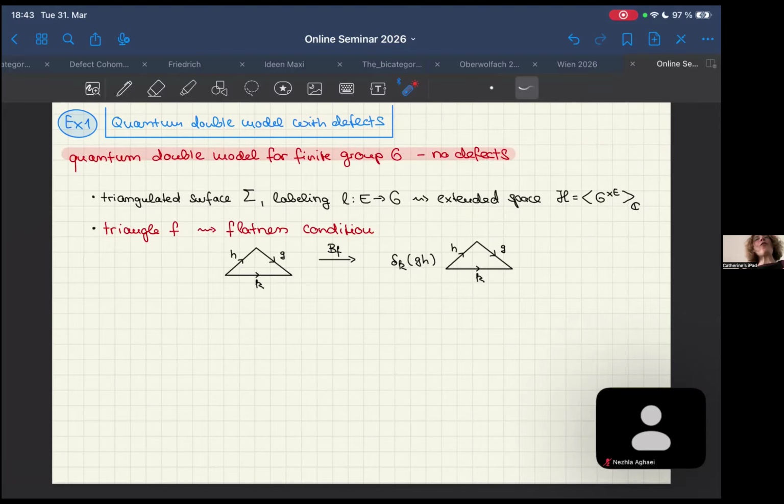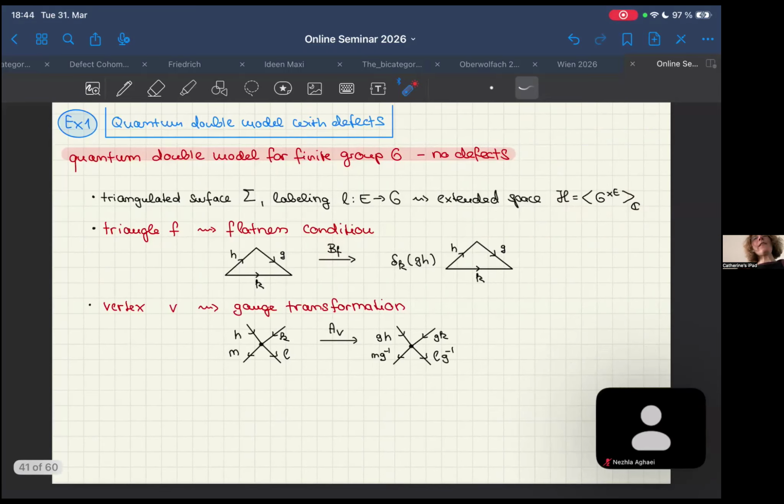Then for every triangle, we have a sort of flatness condition that I mentioned before. So if we have group elements G and H here, and the group element K here, then K must be equal to GH. And this we can also see as a linear endomorphism of this vector space here that just multiplies with the delta function associated to this triangle.